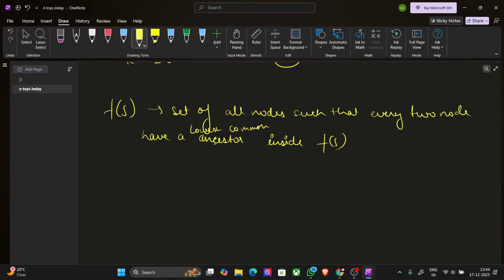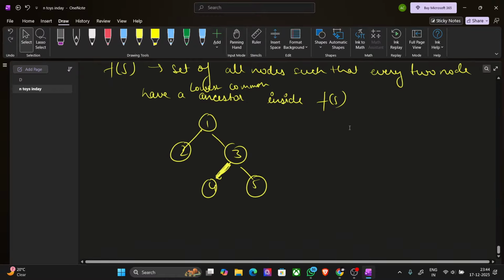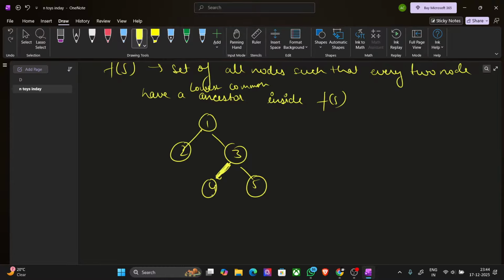You can observe one thing also: if this is my tree, and if 4 and 5 are present in my Fs, then 3 must also be present, right?